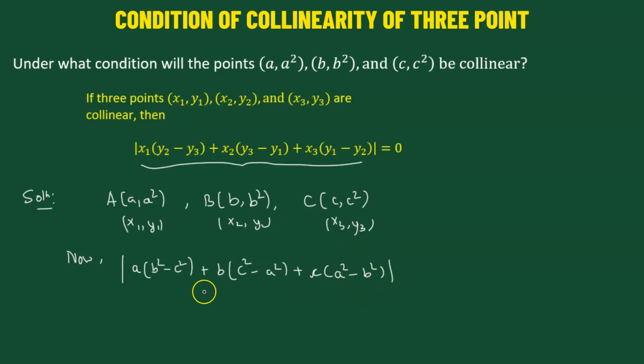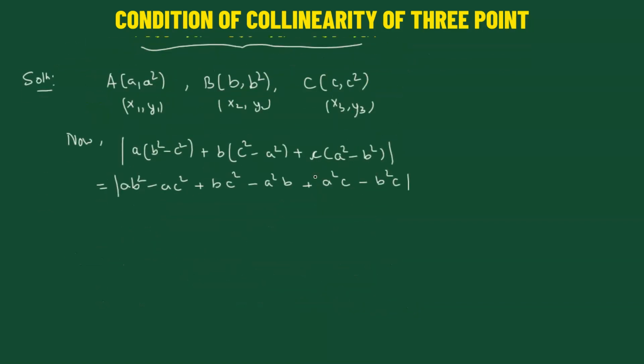Fine. So let's open up the expression. So we have ab squared minus ac squared added to bc squared minus a squared b plus a squared c minus b squared c. Right. Now we're going to combine few of the terms.